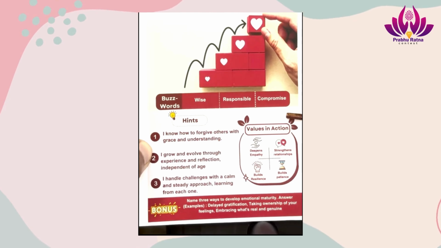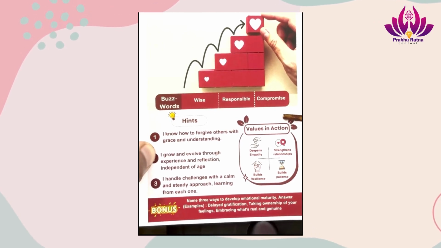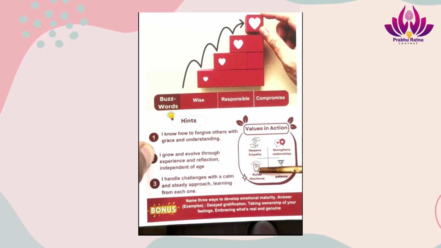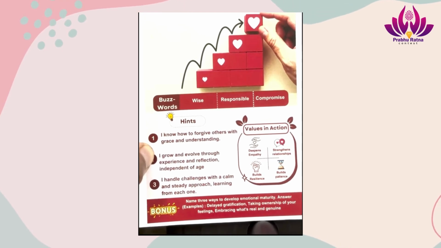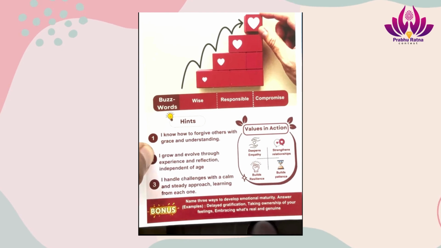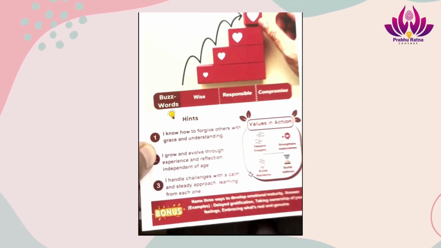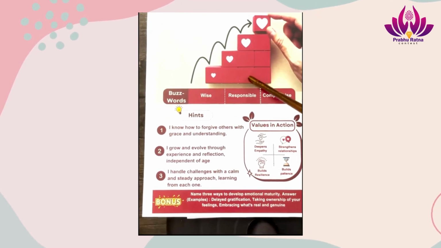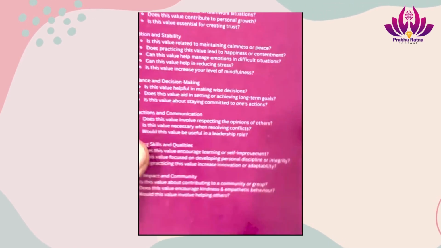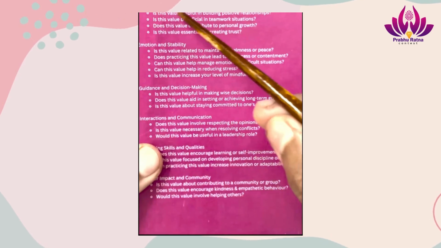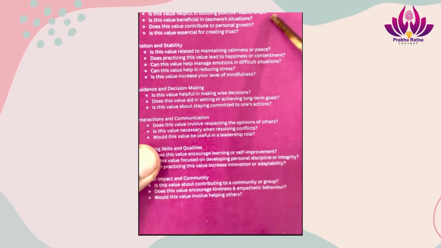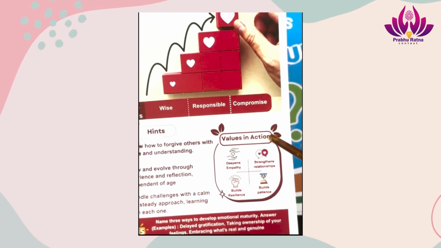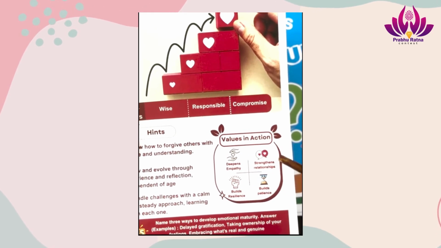Like we saw, this section has 4 key points about the value, and they are designed in a way that will help me answer accurately with a yes or no. For example, for the value maturity, based on the buzzwords that were announced, my friend can choose to ask, is this value helpful in building positive relationships? Now, based on the value in action section, I will say yes.